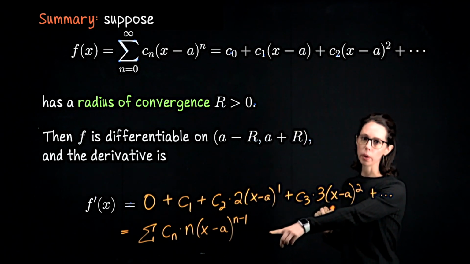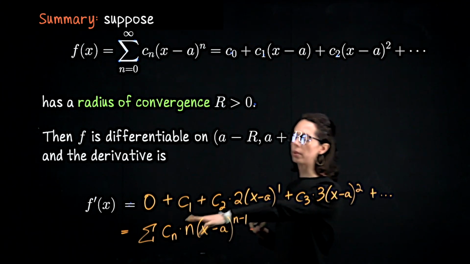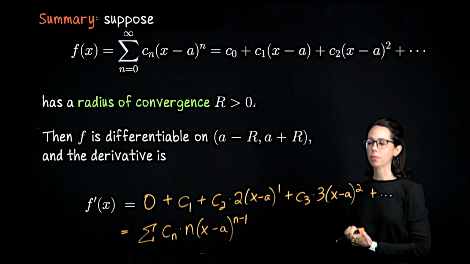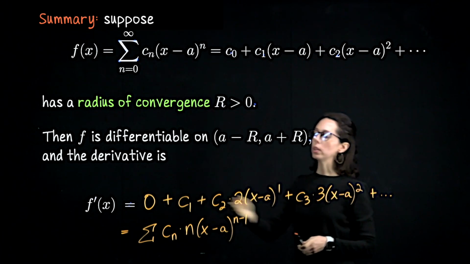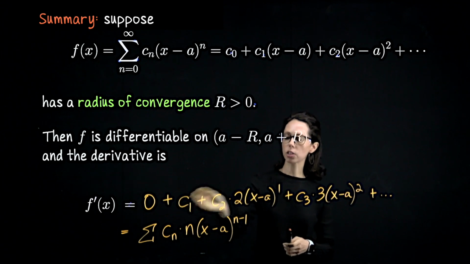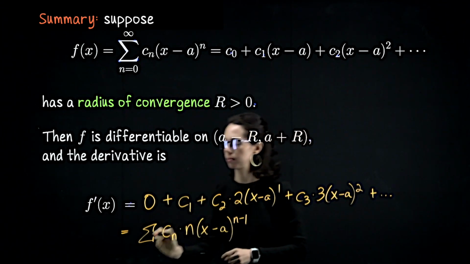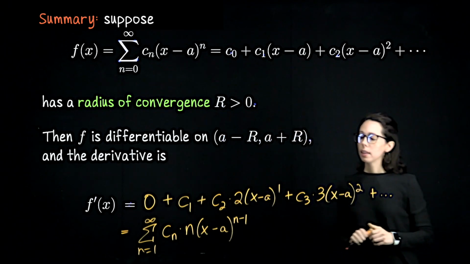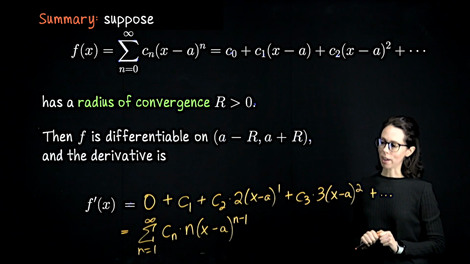So that is the form of the terms for the new power series expansion that we're getting for the function that we've created when we did the derivative of f of x. But we lost the C sub 0 term. So our starting constant happens when n equals 1. That's the power series representation for f prime of x.